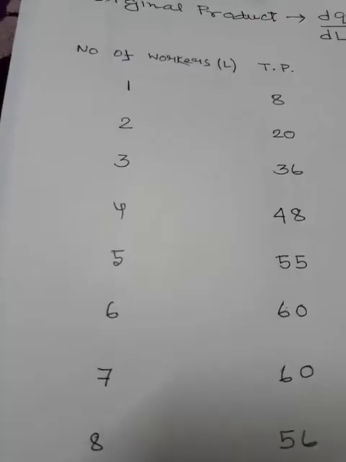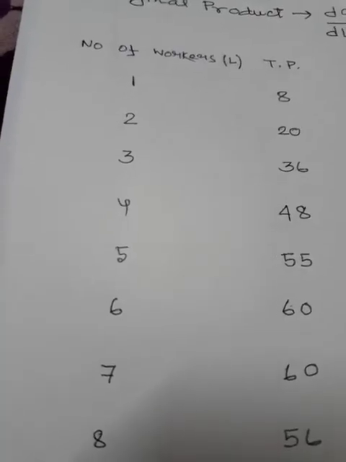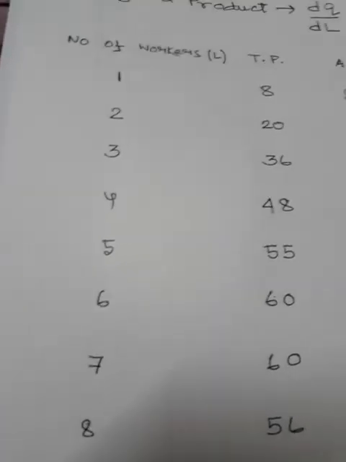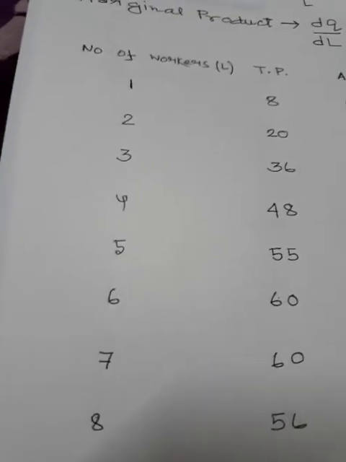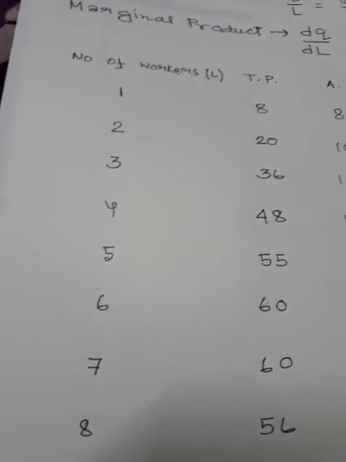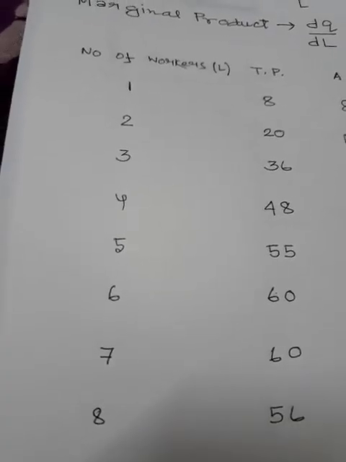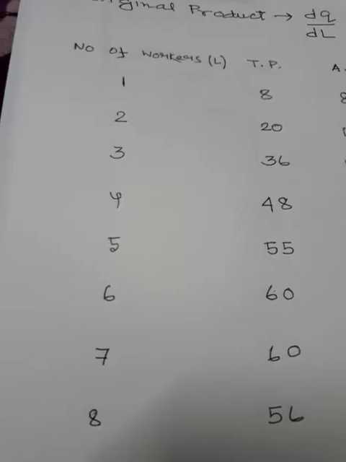If there is one worker, the total product is 8. If there are 2, total product is 20. Total product is in units. So when labor is 1, total production is 8 units. When labor is 2, that is 20 units. When labor is 3, that is 36 units.